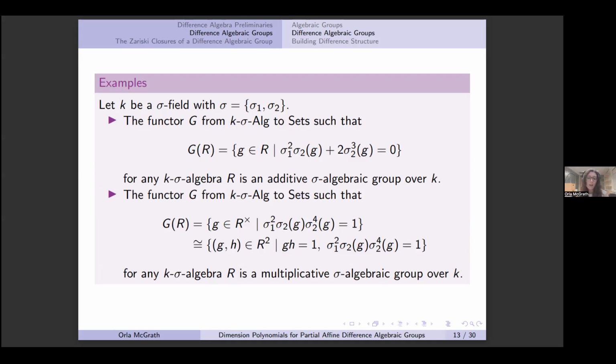Hopefully you're happy that this would define a multiplicative group. And any monomial set equal to 1 can give us a multiplicative difference algebraic group.